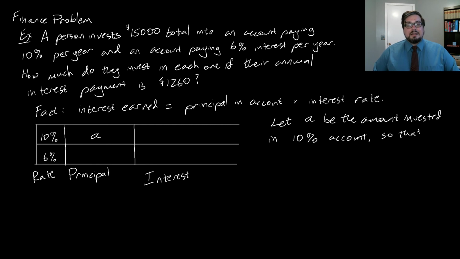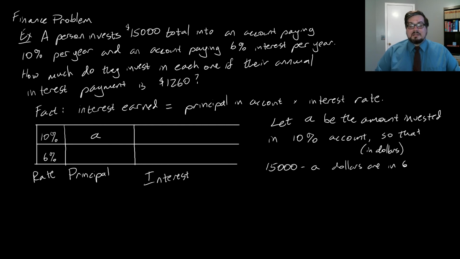So in particular, if A dollars have been invested in the 10% account, I should have specified that this is in dollars, that means that 15,000 minus A dollars are in the 6% account.